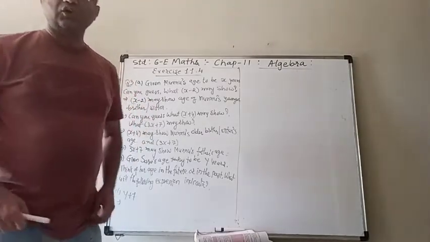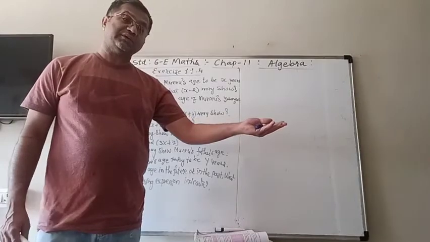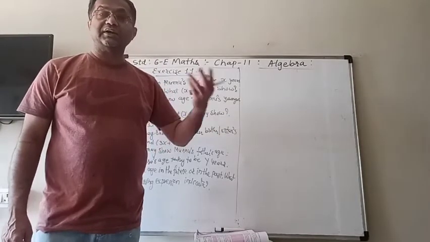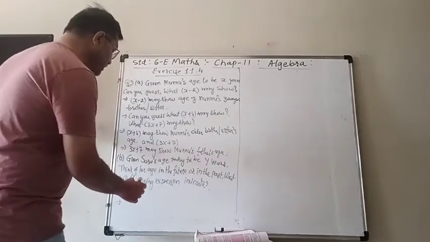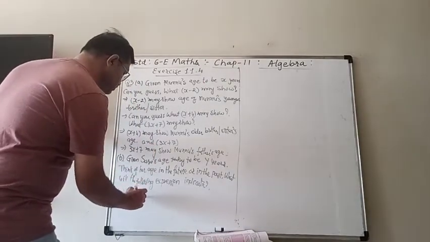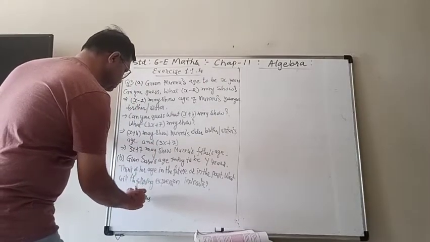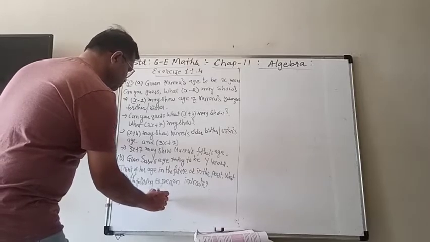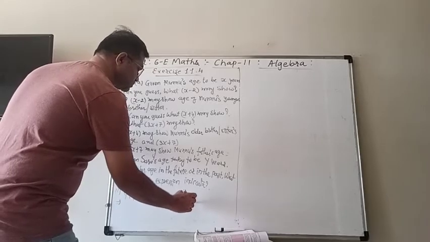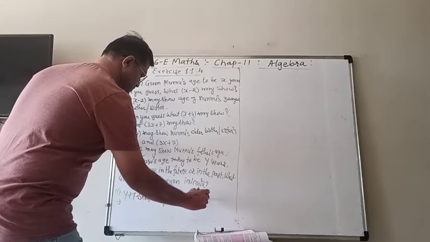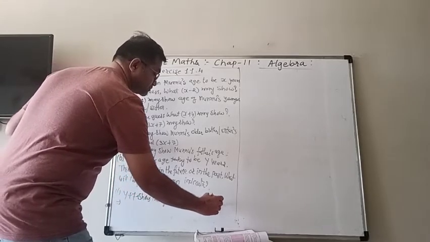She is y years old now. Then what is y plus 7? That will be her age after 7 years. So y plus 7 shows the age of Sarah after 7 years.